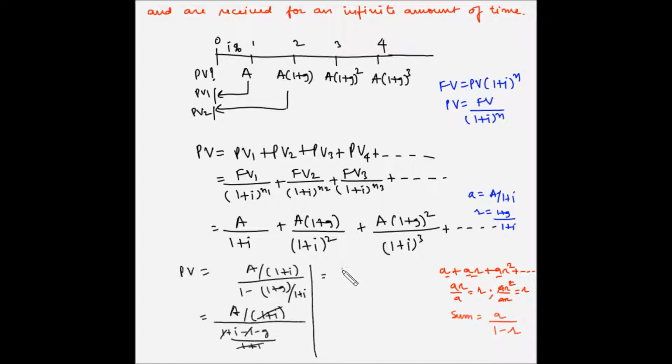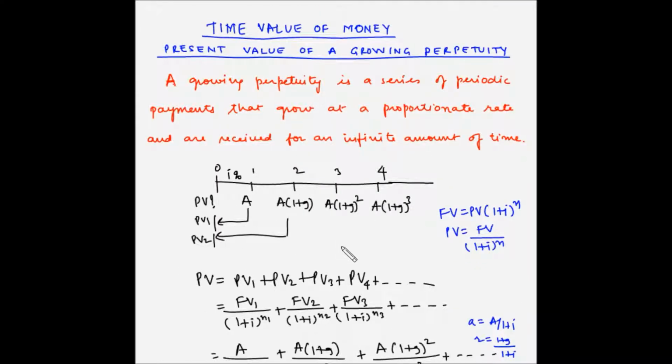So this becomes A divided by (i - g). So the formula for present value is A divided by (i - g), where i is the discount rate and g is the growth rate. So let us now take an example to understand this concept better.